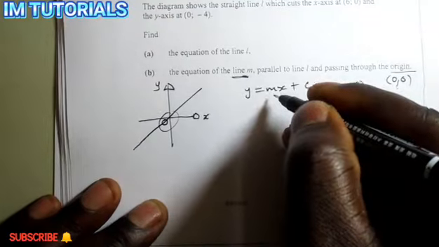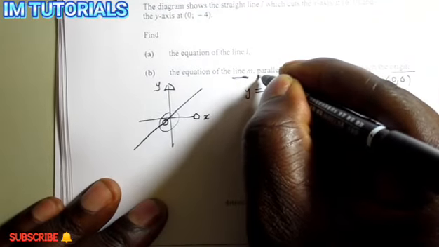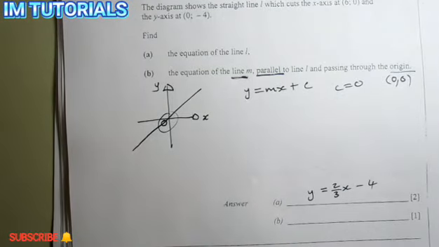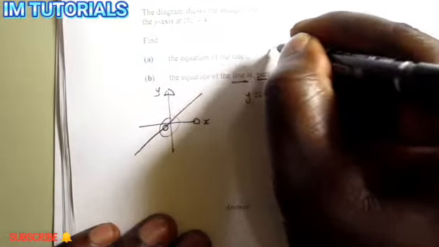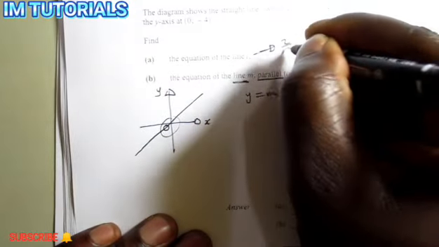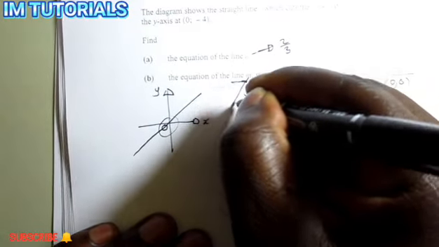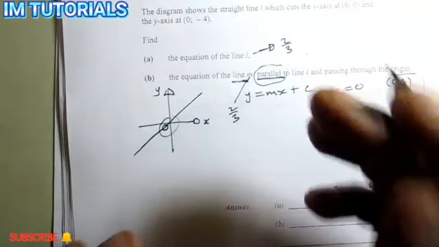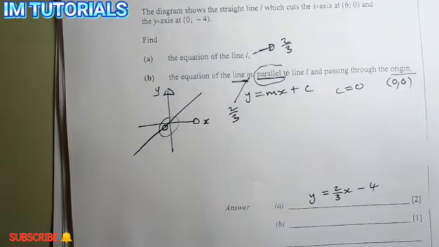Then to find m, we make use of this word parallel. Parallel to line L means that line M and line L share the same gradient. So if the gradient of line L was 2/3, the gradient of line M is also 2/3. Whenever you see this, it means that they share a common gradient.